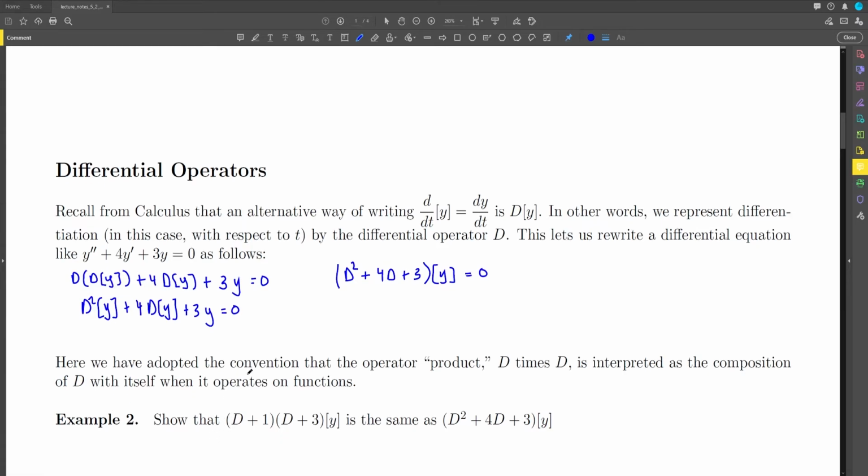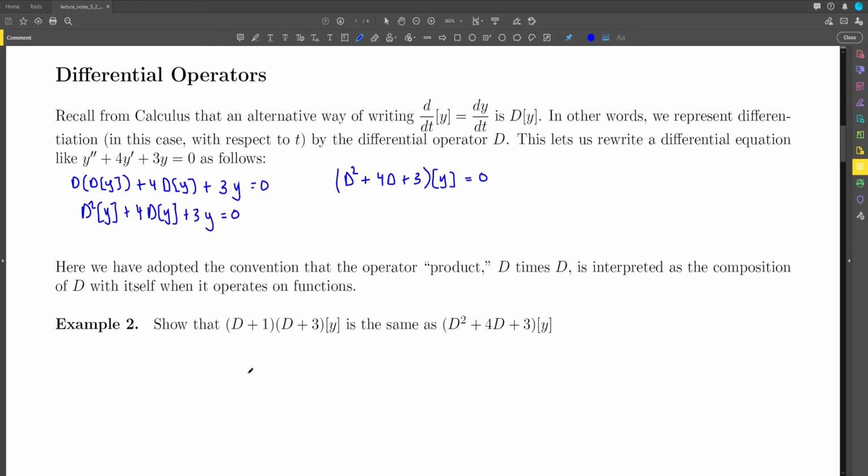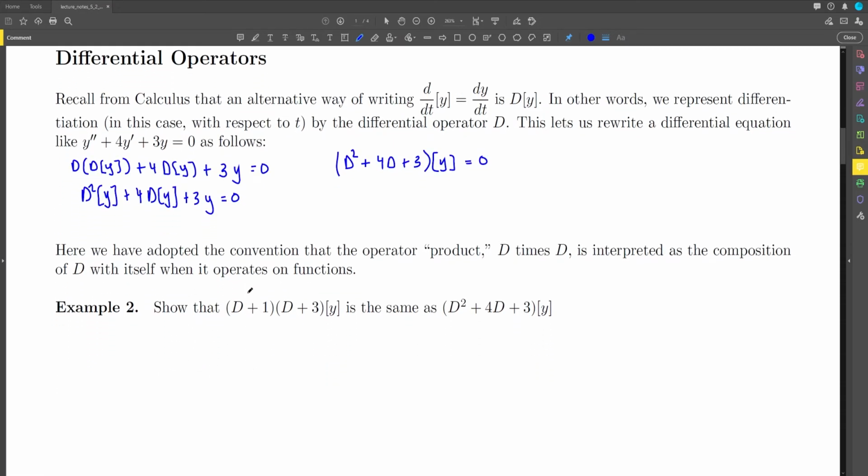Now, let's see whether or not that makes sense. So we're going to try to show that the multiplication here is the same as this differential operator here. So let's take a look at what D plus 1 acting on D plus 3 acting on y does. So we'll write this out.